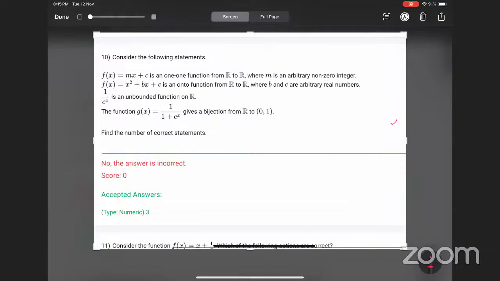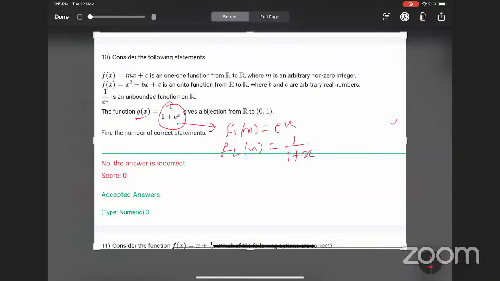My suggestion is, if you have this type of function, this is just a trick I use: you can break this function into a composition of two simple, well-known functions. Suppose f1(x) equals e power x, and f2(x) equals 1 plus 1 by 1 plus x. These two functions are well-known, right? You know whether they are bijective or not.